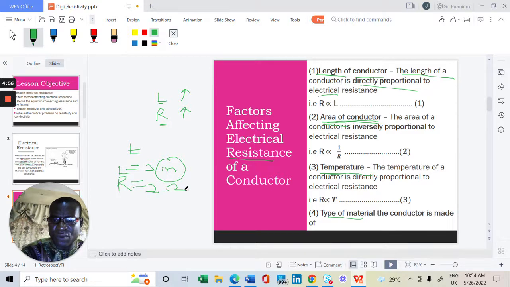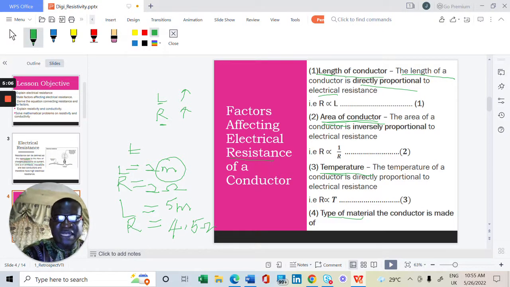If the length of the material increases to say 5 meters, then the resistance of the material will also increase uniformly, to about 4.5 ohms or so.